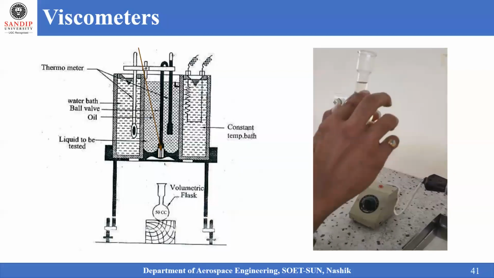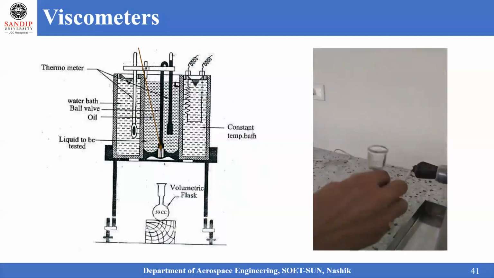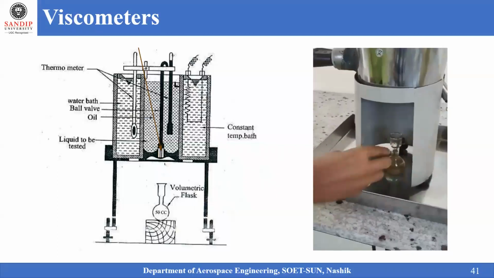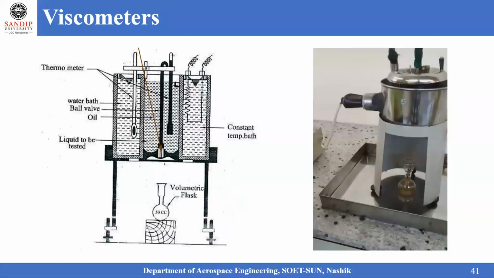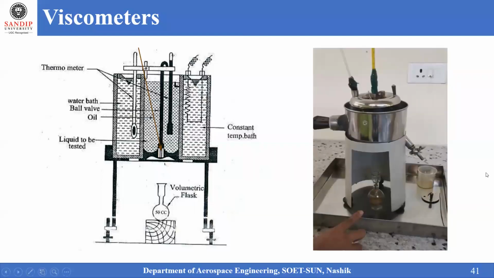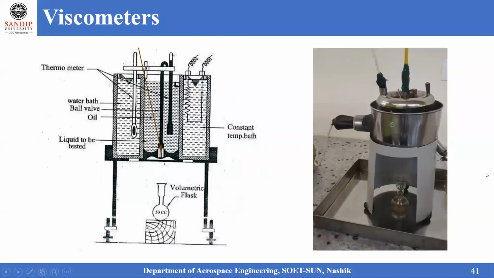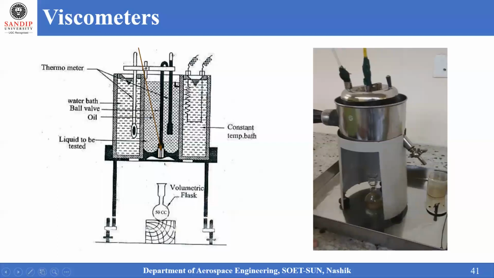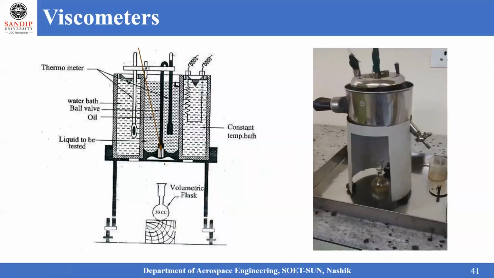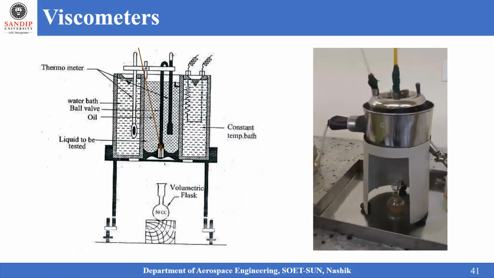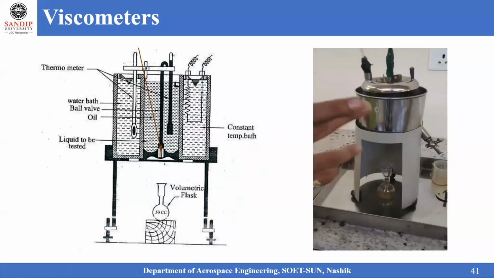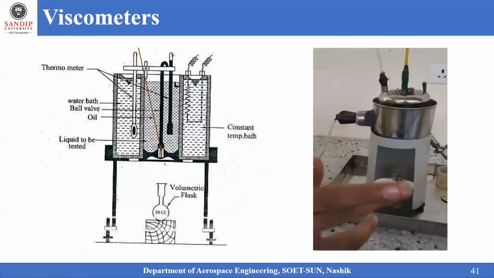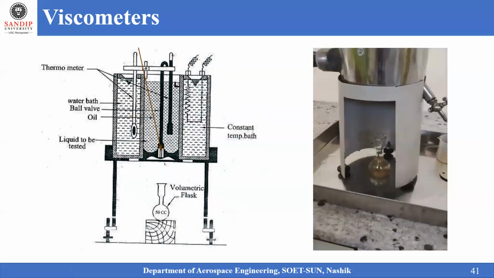using the Redwood viscometer. Similarly, we have another equipment named Saybolt viscometer. Using that also we can determine the viscosity of the given oil. This is a very easy method to determine the viscosity of the given oil, like a lubricant oil or vegetable oil.